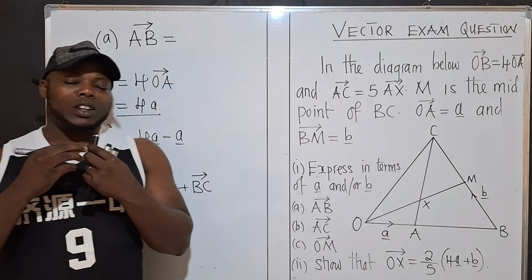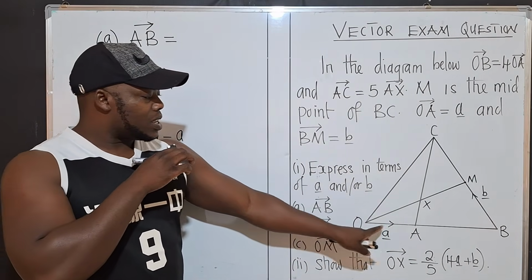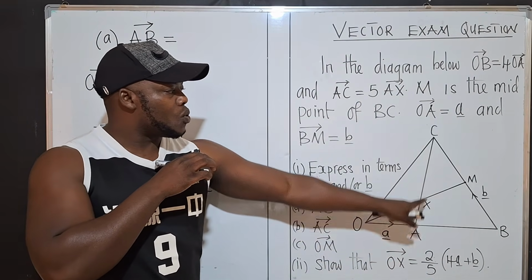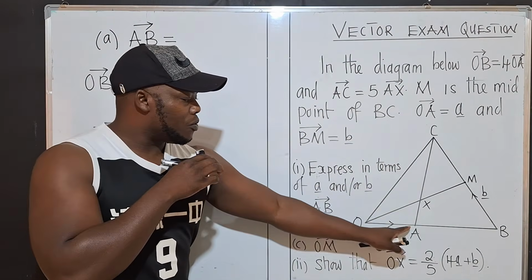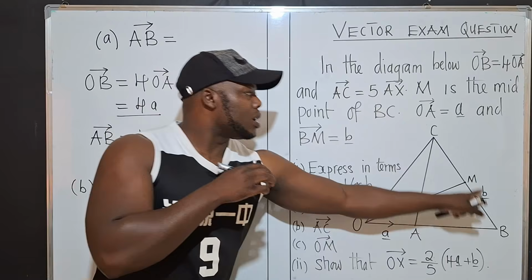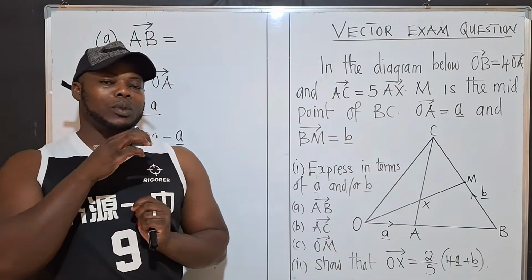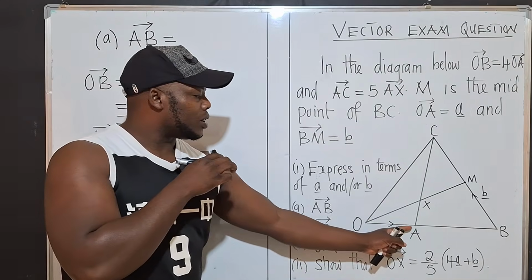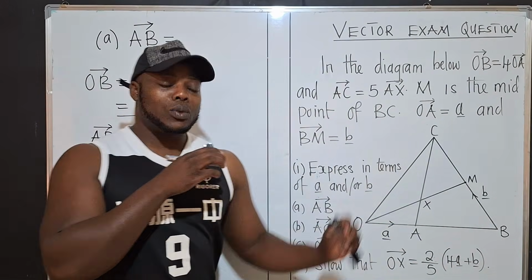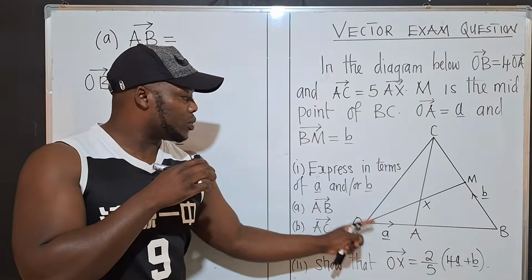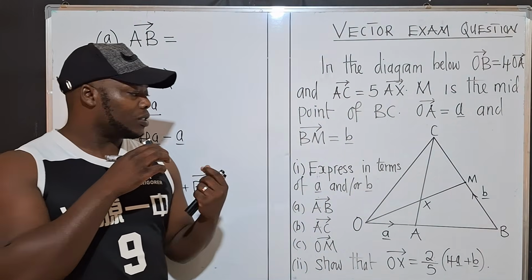One important thing to understand with vectors: if you are standing at A and you want to go to C, you can move from A to B, B to C, or from A to O to C. I've decided to use AB and BC because I have the values for them. This other side I can't use because I don't have OC. I don't know if this makes sense.